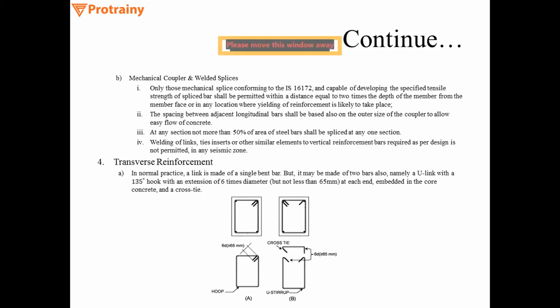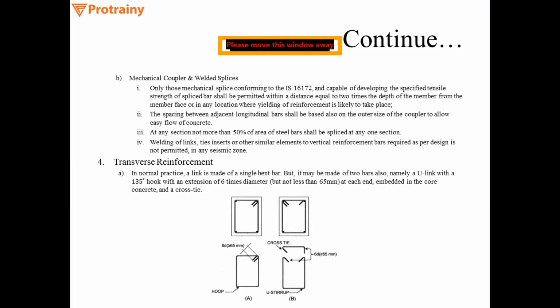Mechanical couplers are a kind of two threaded hollow sections where bars are screwed within the mechanical coupler. These mechanical couplers are usually used for bar diameter above 25 mm. Below 25 mm, the bars can be molded or bent, so there is no need to use mechanical couplers.